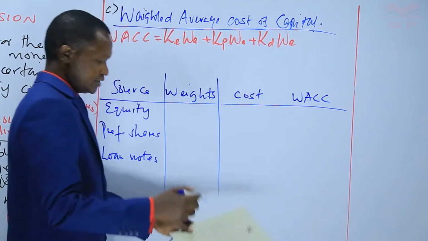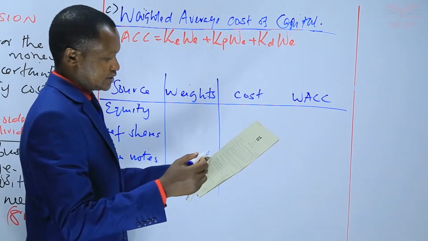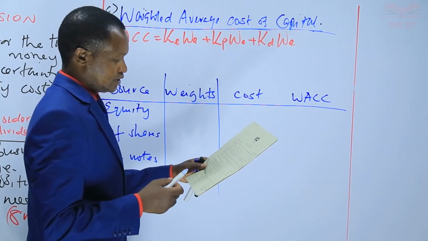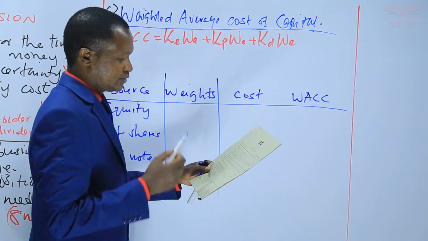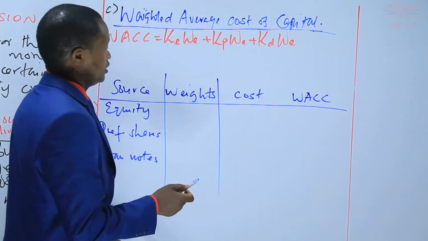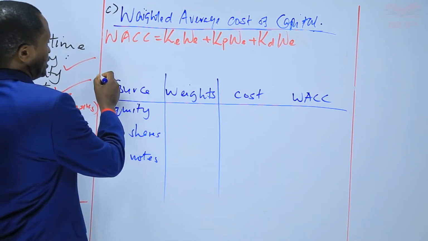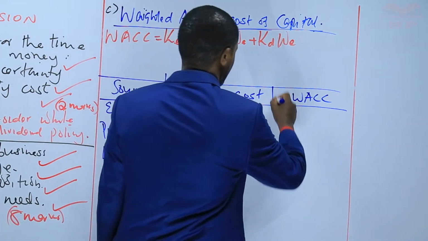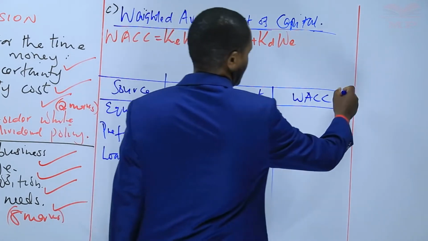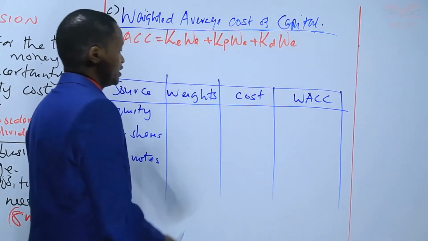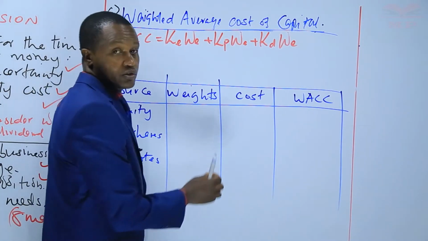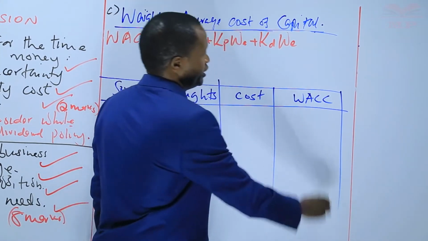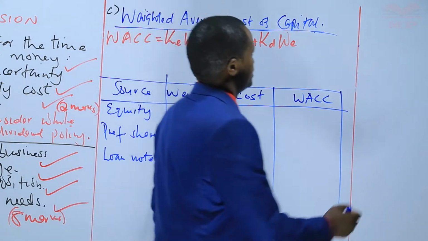The question says calculate the weighted average cost of capital using market values. We'll use market values when calculating the weights. So candidates, we calculate the weights based on market values, then we calculate the specific cost, then WACC.